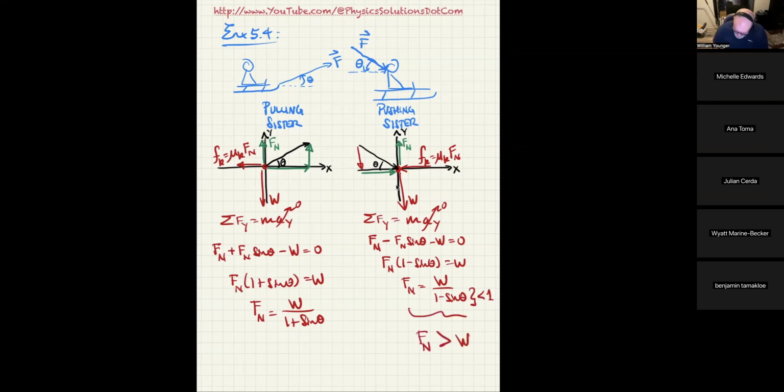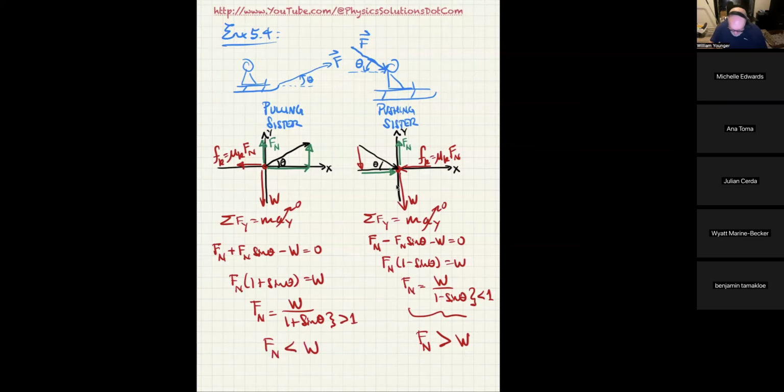Theta doesn't make any sense unless it's between 0 and 90, so sine theta is never even going to get to 1. But what you see is I'm dividing by a number that is greater than 1. Therefore, Fn is less than the weight here.